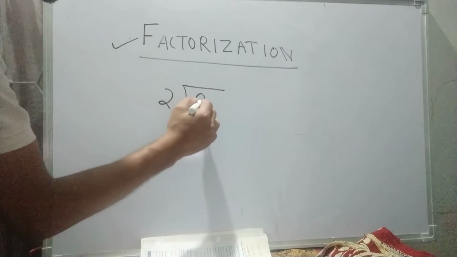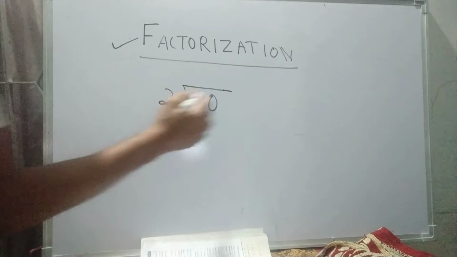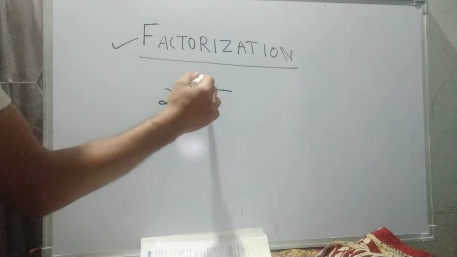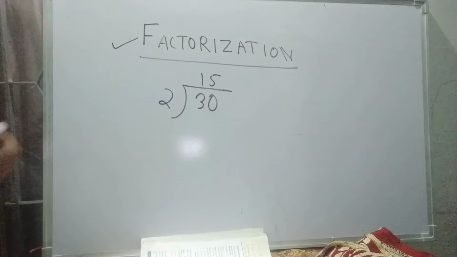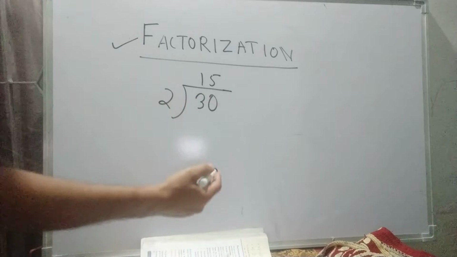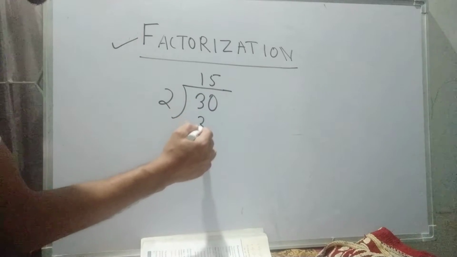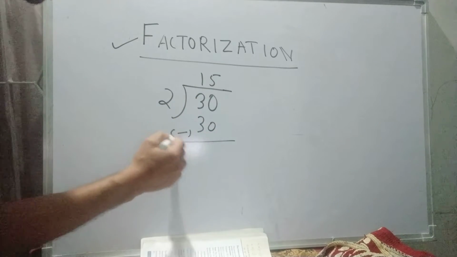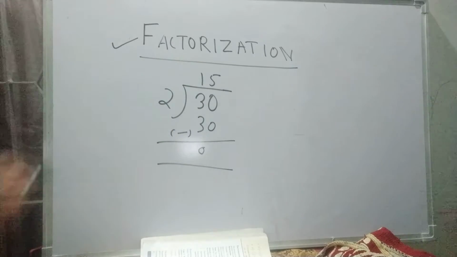So students, here we have the word factorization. Before going to the actual concept of factorization, let us understand factors. If I ask you to divide 30 by 2, we get a quotient of 15, because 2 fifteens are 30.